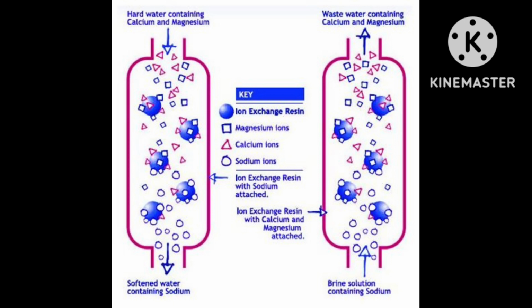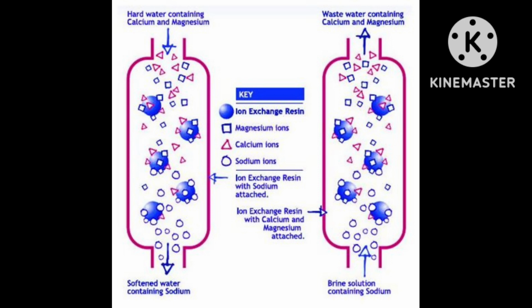Like that, it forms a complex ion, M2 plus reacting with Na4P6O18 2 minus, forming Na2MP6O18 2 minus plus 2Na.